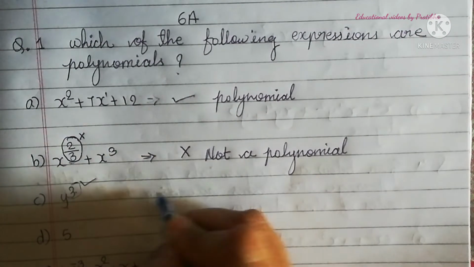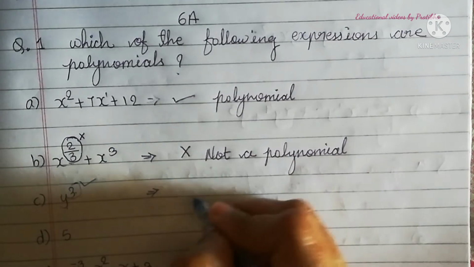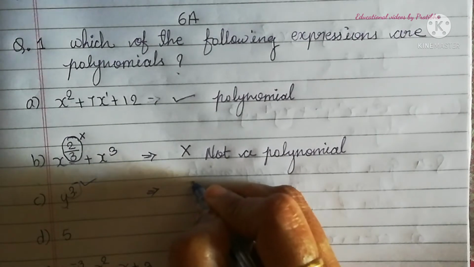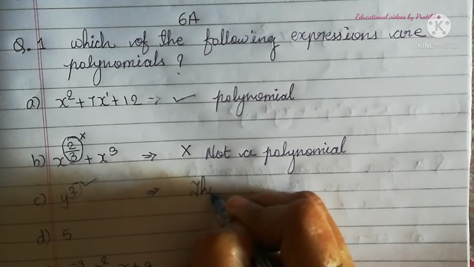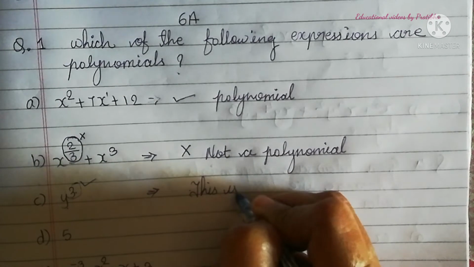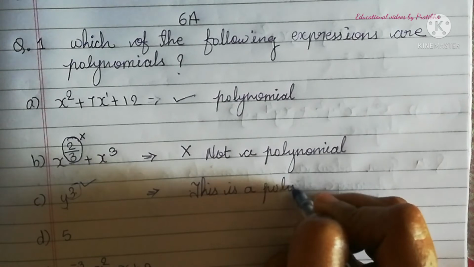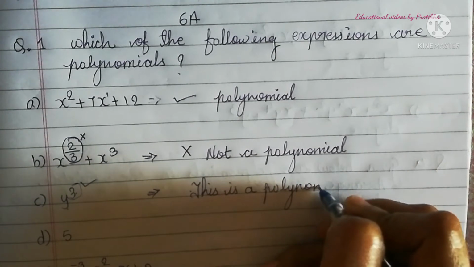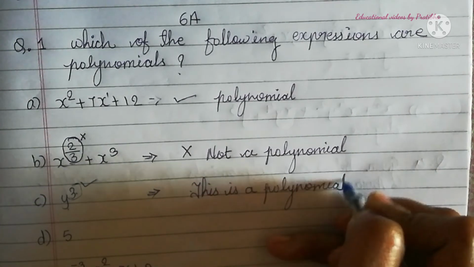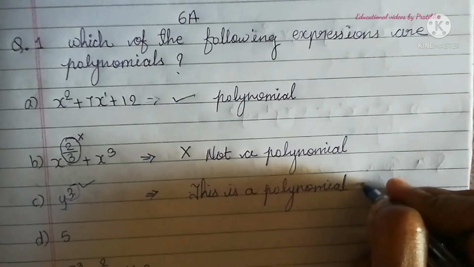So 3 is a positive integer, so this example is of a polynomial. This is a polynomial expression. I am writing it in a full sentence so that you will come to know how to write. This is a polynomial expression.